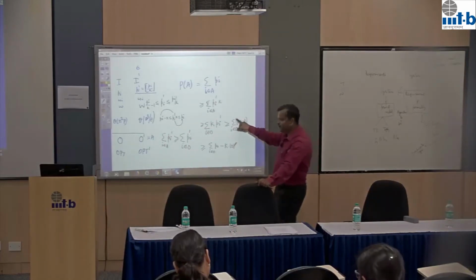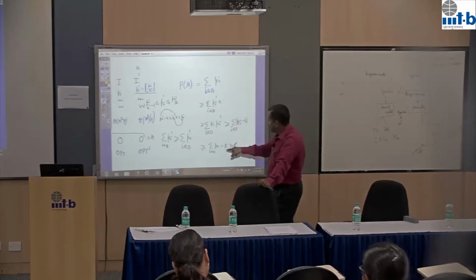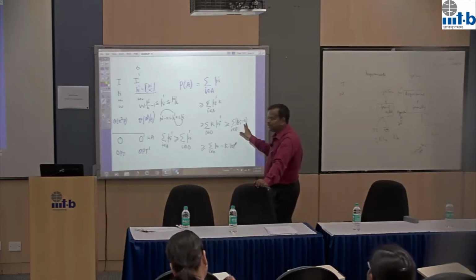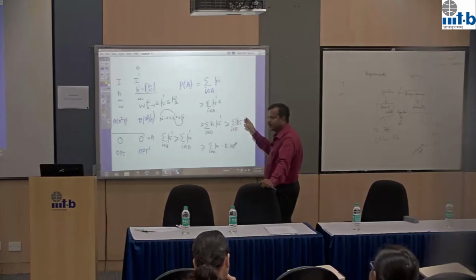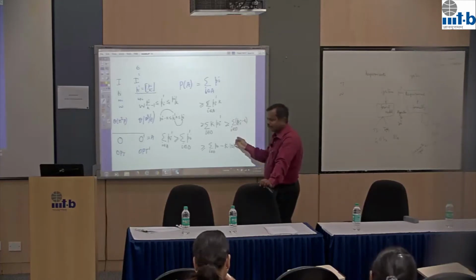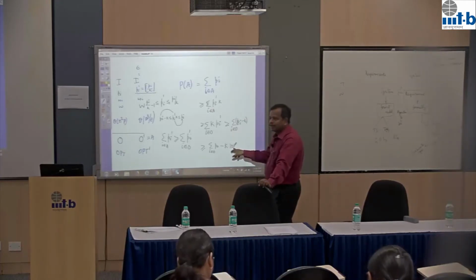So this is summation over the set O. The I is retained as it is, but on the other side you have a K there. So you have to count K the number of times the summation is taken over, which is O.